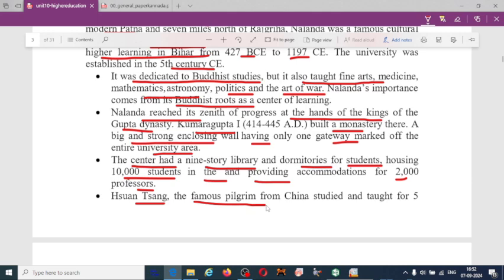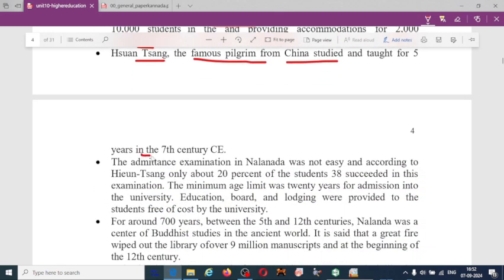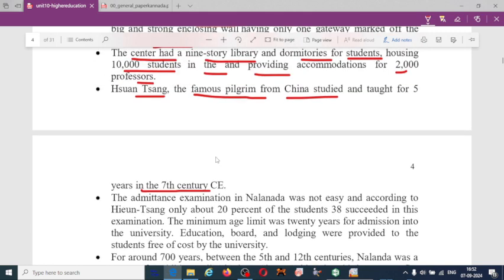Huen Tsang, the famous pilgrim from China, studied and taught for 5 years in the 7th century. So usually you are going to have this famous name, Huen Tsang from China. He taught 5 years in that university.